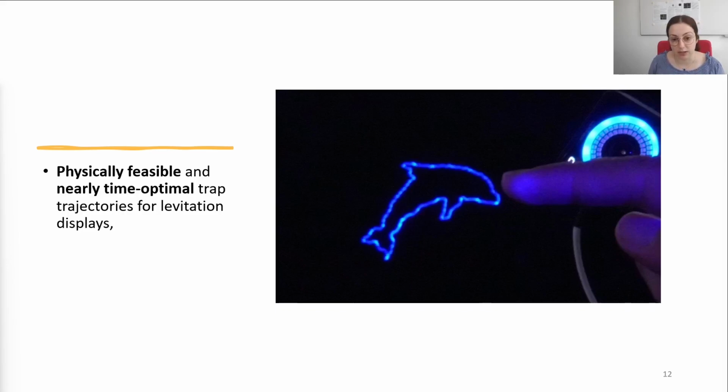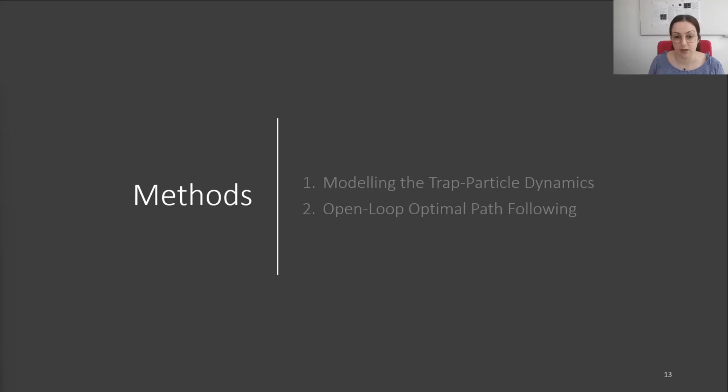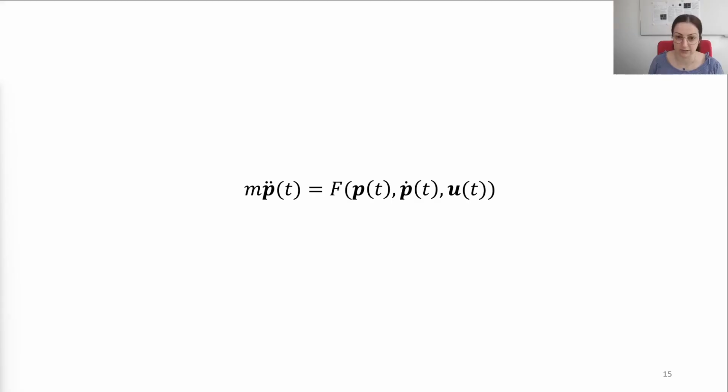It automates the content creation process by allowing for a systematic exploration of the range of contents that a given levitator can achieve. And finally, it supports complex shapes with sharp edges and significant changes of curvature. Next, I describe the two stages of our approach, starting with the mathematical model of the trap particle dynamics.